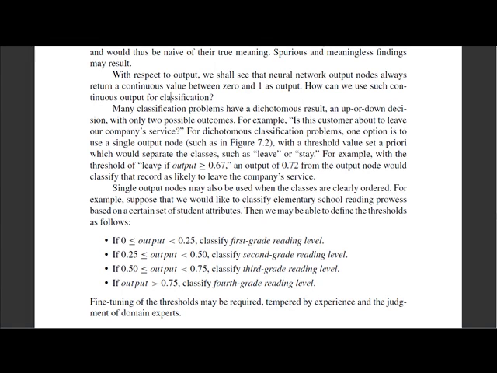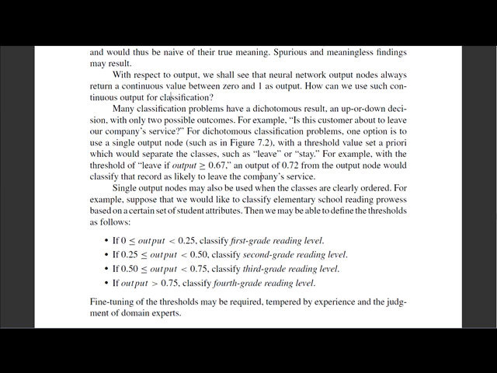For example, the threshold could be leave if the output is greater than 0.67, and an output of 0.72 from the output node would classify that record as likely to leave the company's service. So you could have this kind of threshold value, and that would handle this situation.